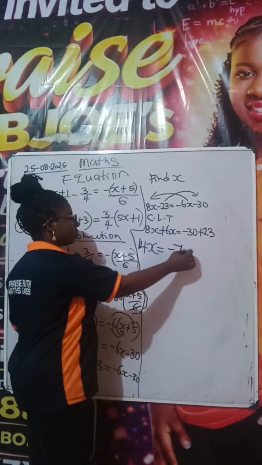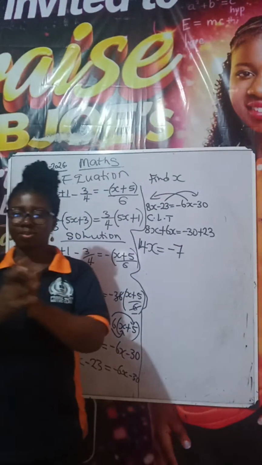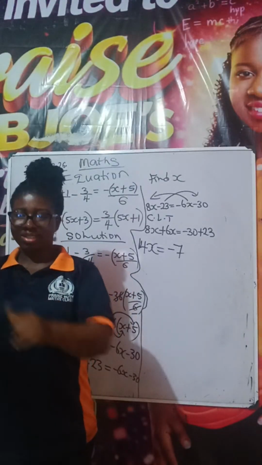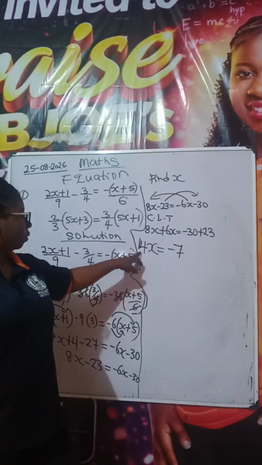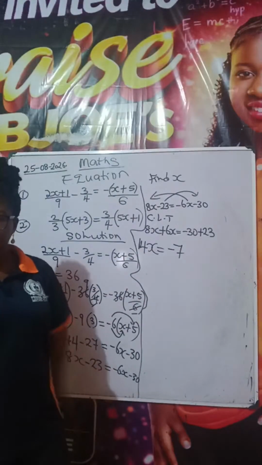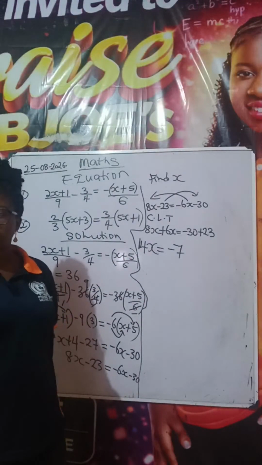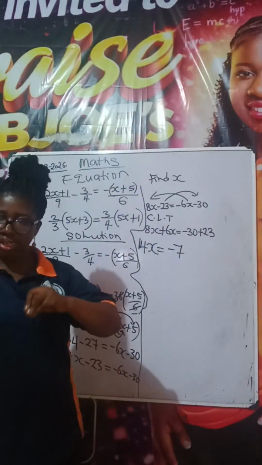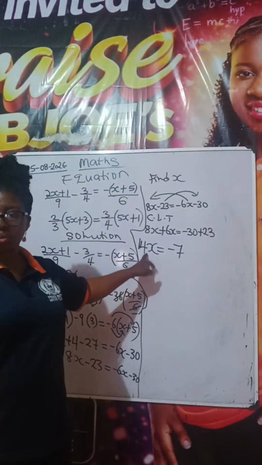So we have minus 7 because 30 is carrying minus. Good job. Now, to remove this 14 from here so that we can get the value of x, what will I do?